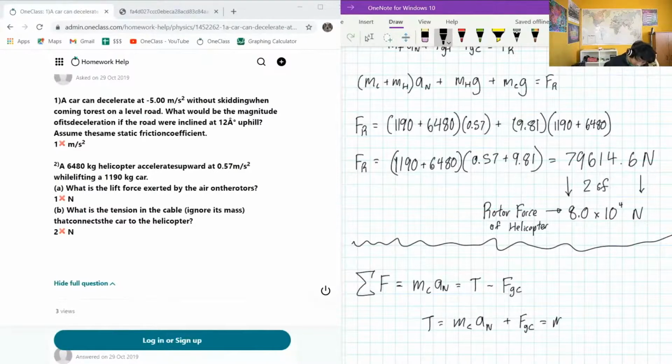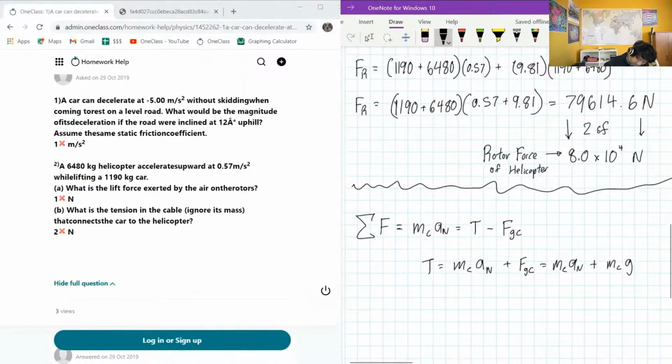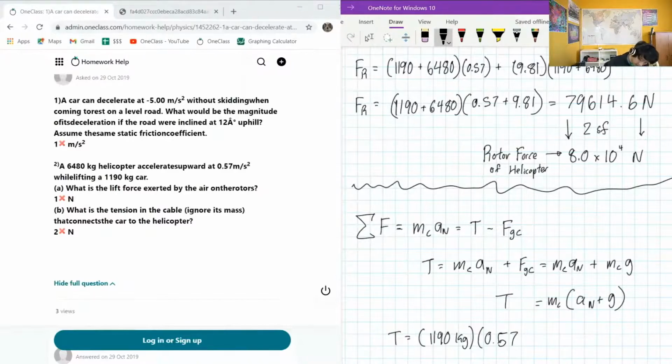And we know that the gravitational force is the mass of the car multiplied by gravity, factoring out the mass, so we can get a calculation like this, which is equal to T. Let's sub in the numbers to figure out what that is. The mass of the car is 1190 kilograms, times a_net, 0.57 meters per second squared, plus gravity, 9.81 meters per second squared.